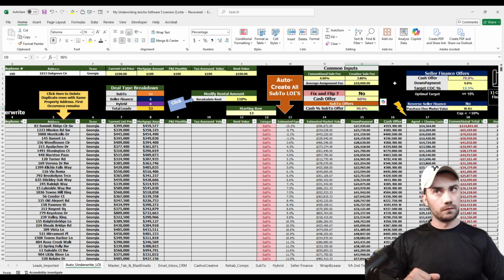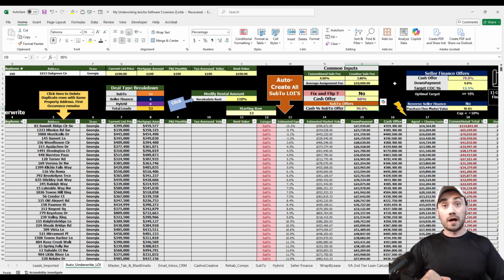Now, generally speaking, if you receive a cash offer at 90% of the current market value of that property and you are not in a low equity situation, you should 100% take that money and run, because 90% of current market value for cash is an amazing cash offer. But for subject to transactions, it is not desirable because the seller is still going to have to cut a check at closing, which is why we are making that distinctive difference to the seller.